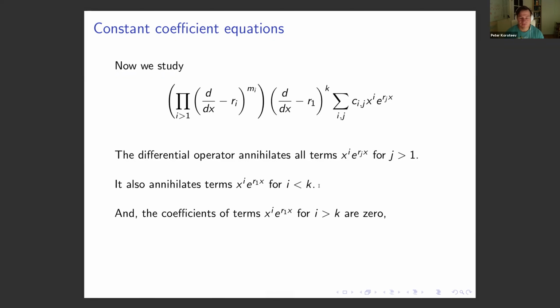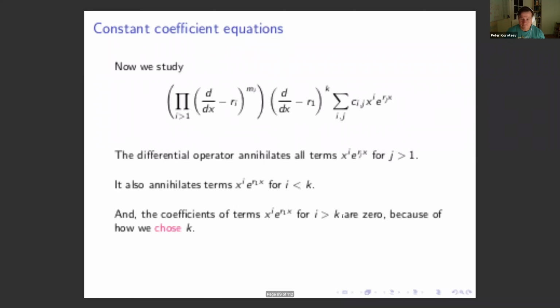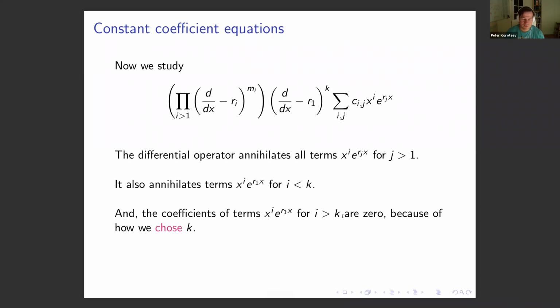And the coefficients of the terms for i bigger than k are 0 by our assumption, because that's how we chose it. So the only remaining term comes from ck1 x to the k e to the r1x.